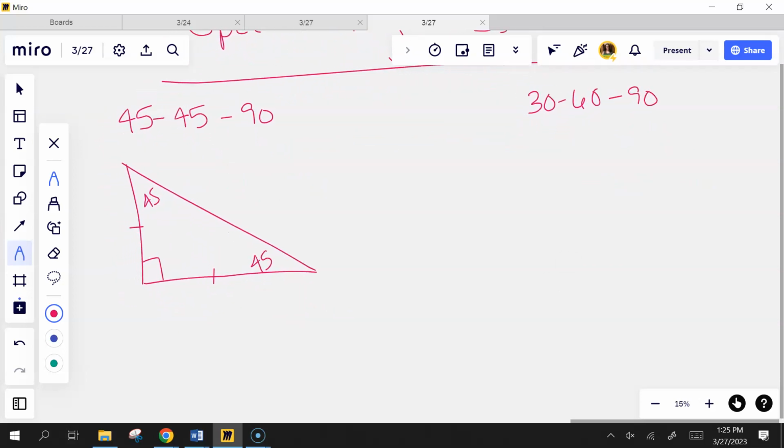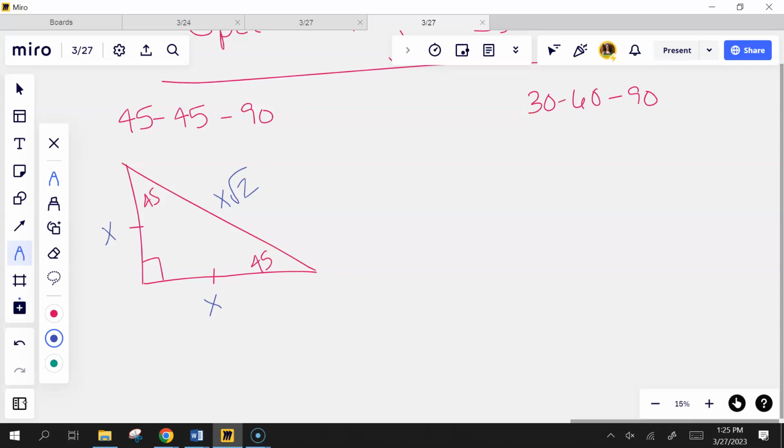And the pattern for an isosceles right triangle, or a 45, 45, 90 triangle, says, whatever this side length is, this must be the same. And to find the hypotenuse, instead of working through that whole Pythagorean theorem, you just take the side and multiply by the square root of 2.